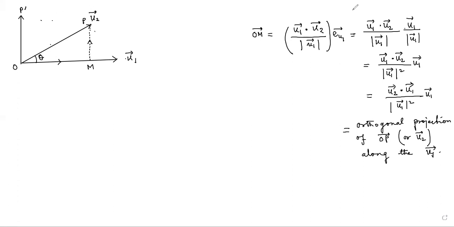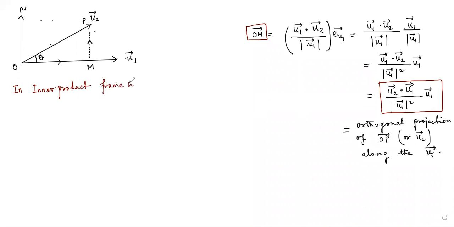Now, if I try to rewrite my result, I'm just highlighting a few portions. So this is the orthogonal projection, and this is the shape of the orthogonal projection in terms of the vector analysis. So in the inner product framework, if I want to represent this particular result using the notation that we have learned in inner product, how can I write it?